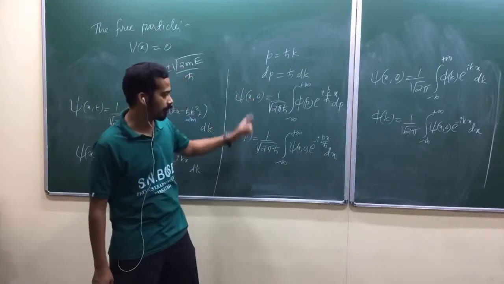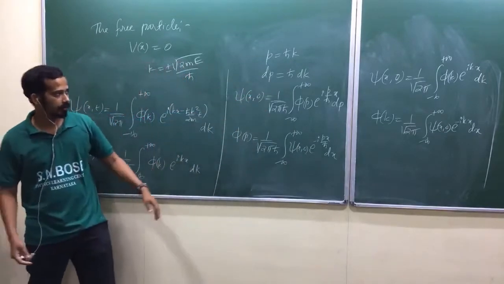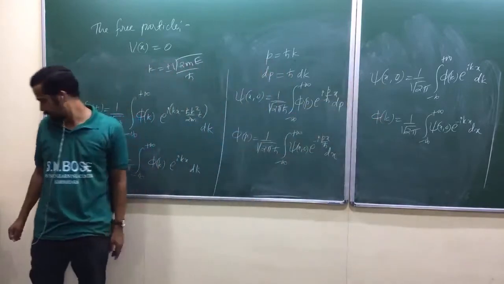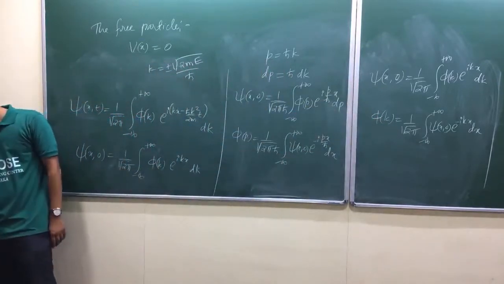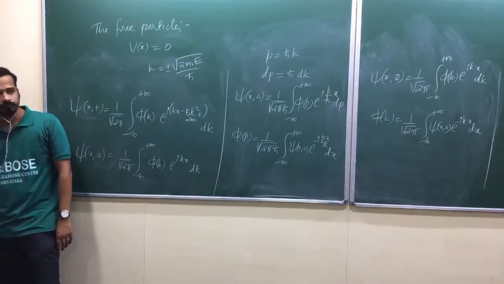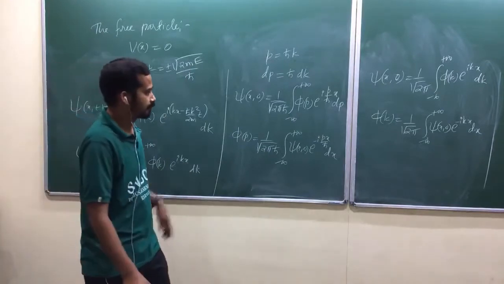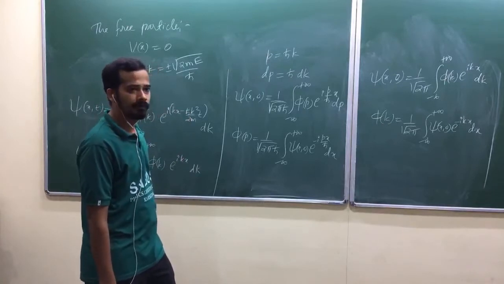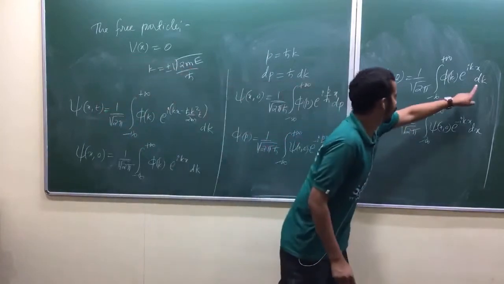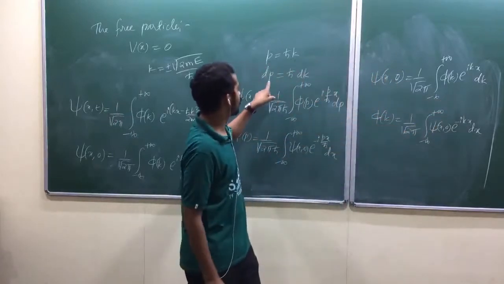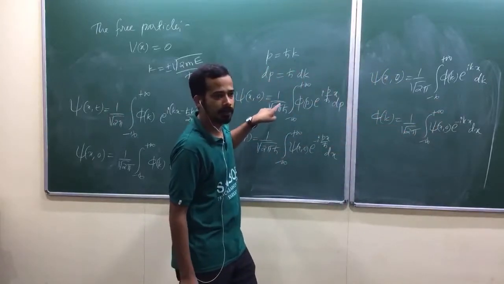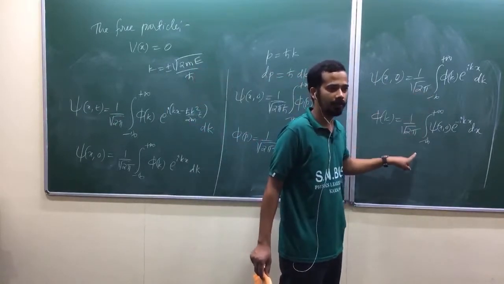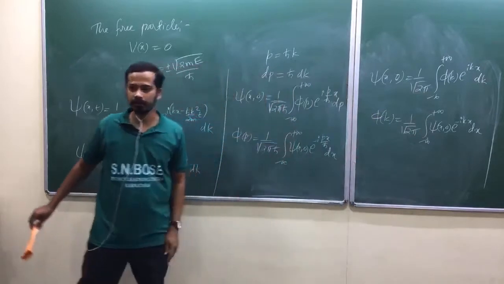So this is the other way of writing the same two equations. Here, this should be manipulated. Actually, dk should be written as dp by h bar. Am I right? That 1 by h bar, we will keep one root h bar here, other root h bar here, so that the formula looks comfortable. That's it.